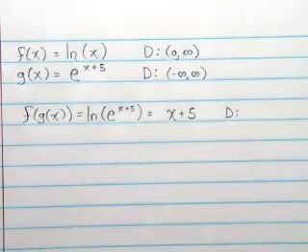Now, when I plug into an e to the x plus 5, the result is always going to be what? The output of an exponential is always what? Positive. Okay? So I've got a positive number for sure. Not even 0. Can't even be 0. Has to be positive.